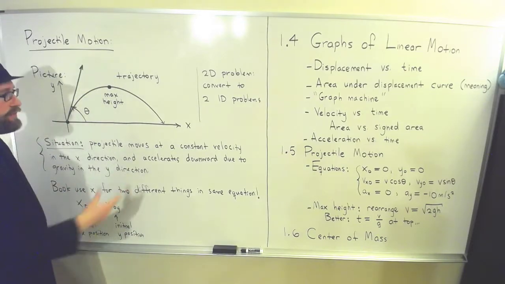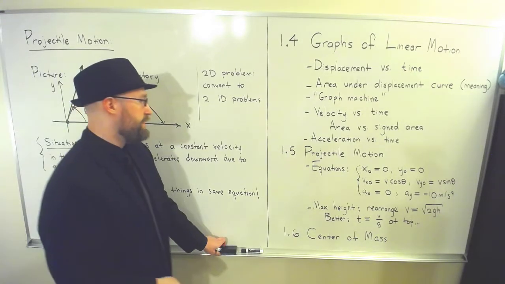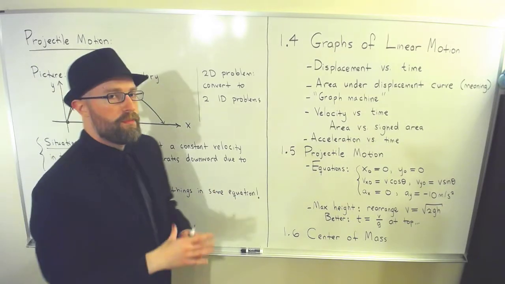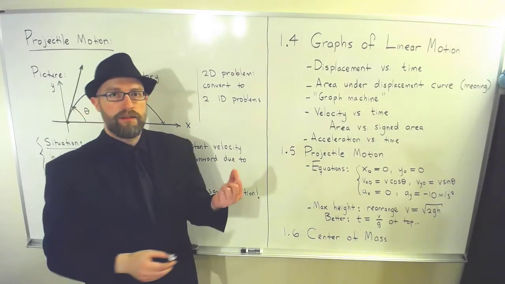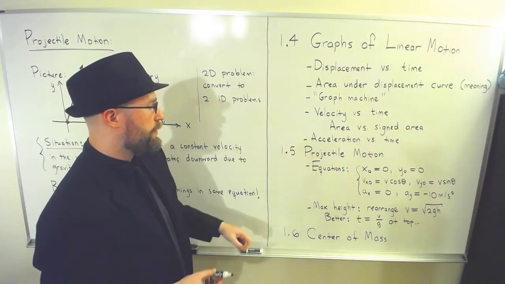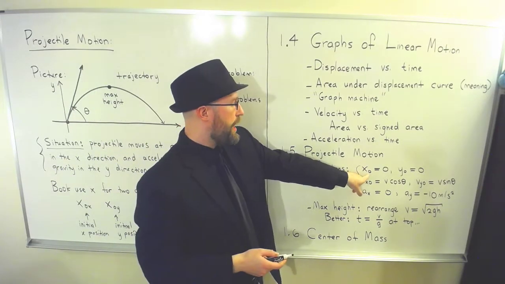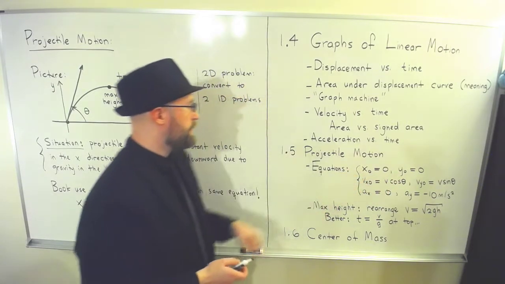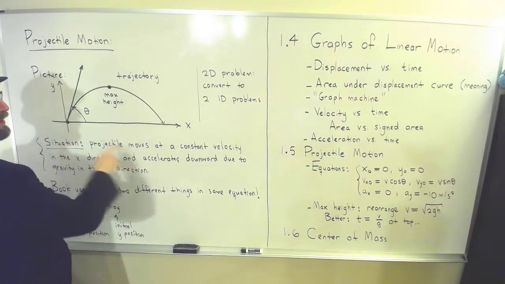That's too confusing. So what I'm doing instead is not calling the whole position vector a single letter, x for example, like the book does. I'm distinguishing the x position from the y position. So x0 just means the initial x position.